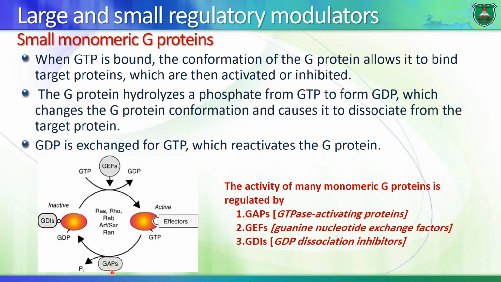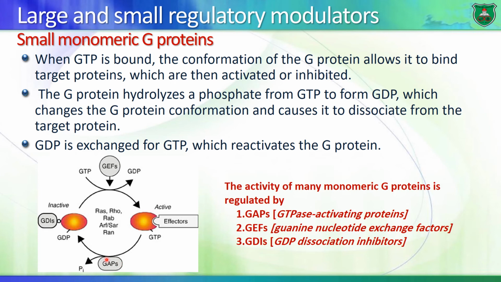Now the GAPs are activators of intrinsic enzymatic activity. Intrinsic means that the enzymatic activity acts on the protein itself, not any other protein outside. So you have a GTPase activity, and what this does is hydrolyze GTP into GDP by removal of a phosphate group.